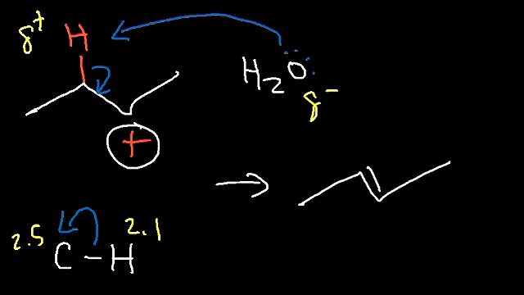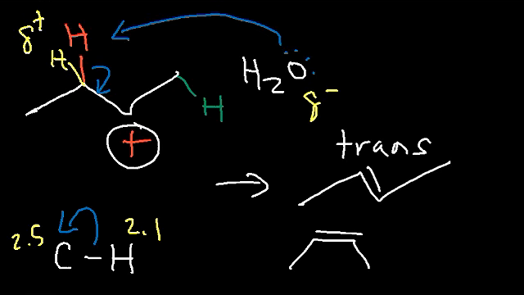Now keep in mind, this is not the only alkene that we can get. Water can remove the green hydrogen, or it can remove another hydrogen that's on the secondary carbon. So we can get the trans alkene product, we can also get the cis, or we can get a terminal alkene. That's a double bond at the end.